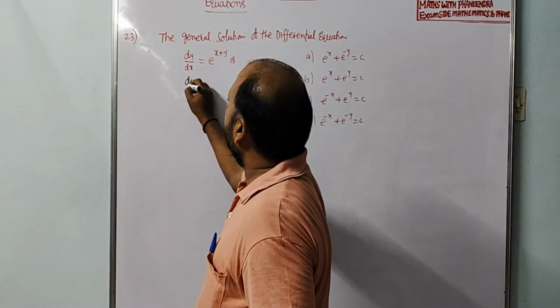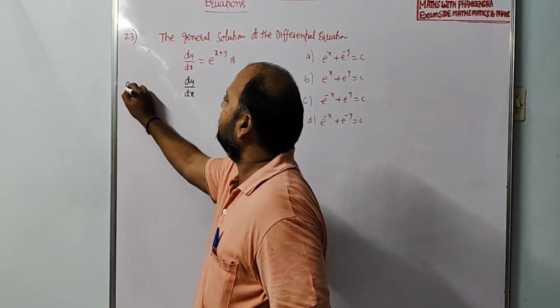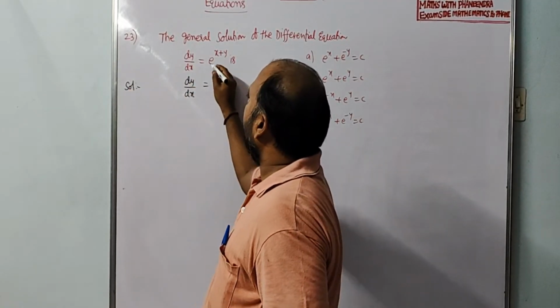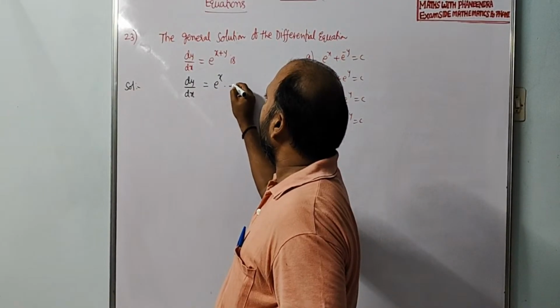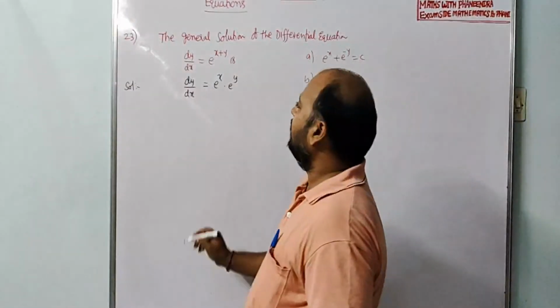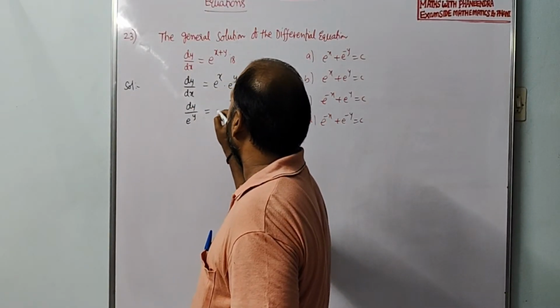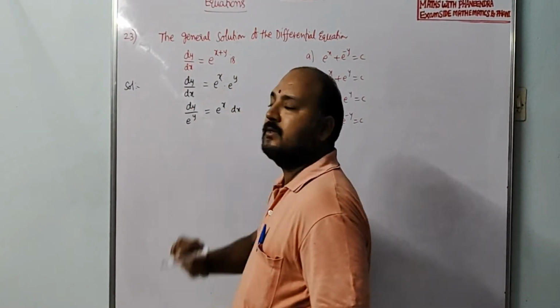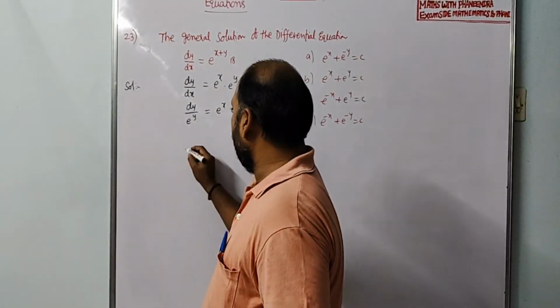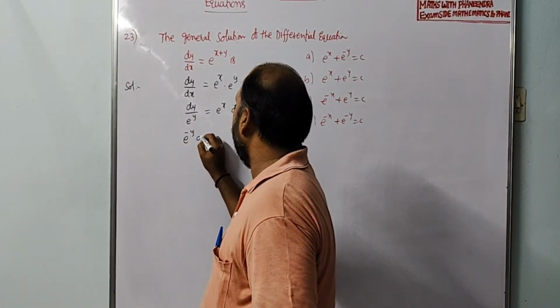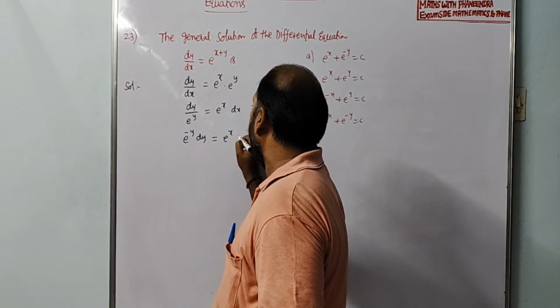So the given differential equation is dy by dx equal to a power m plus n form, no? A power m into a power n, we can write it. Now separating the variables, dy by e power y equal to e power x into dx. So e power minus y into dy equal to e power x into dx.